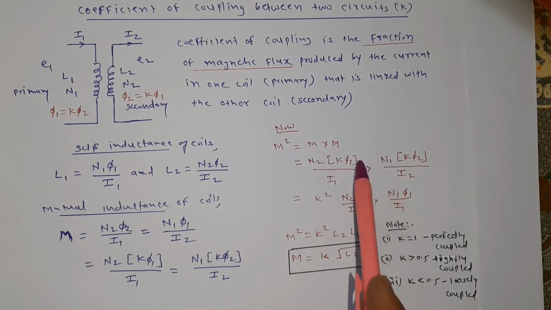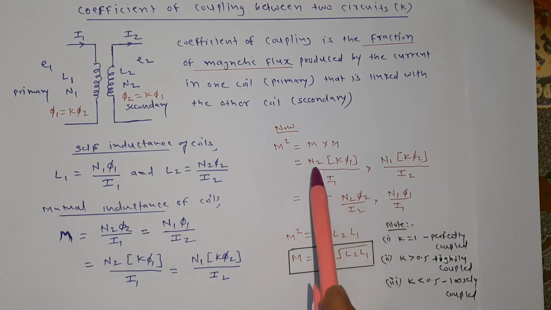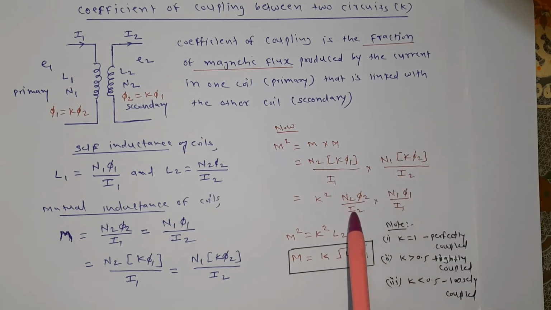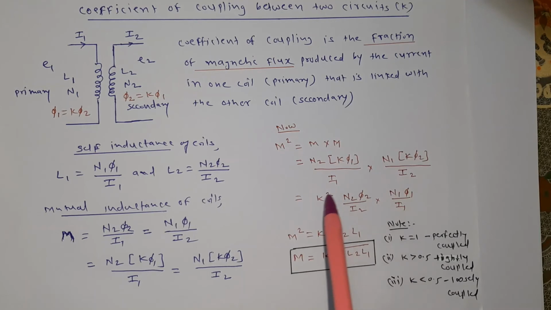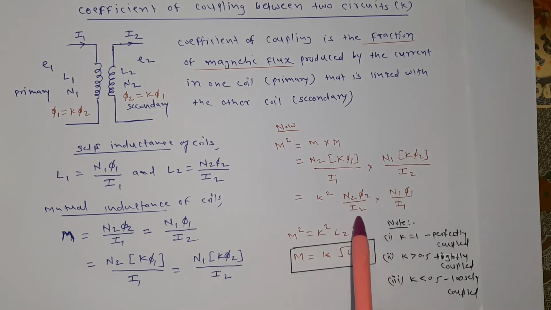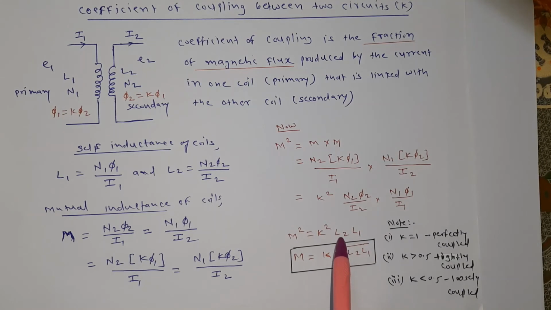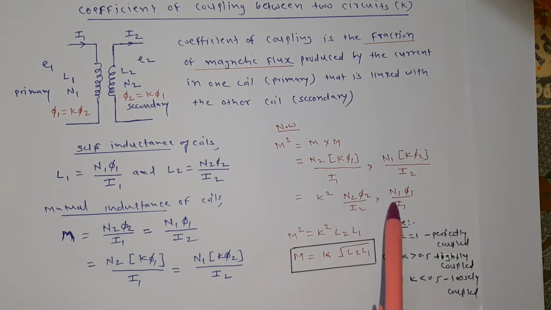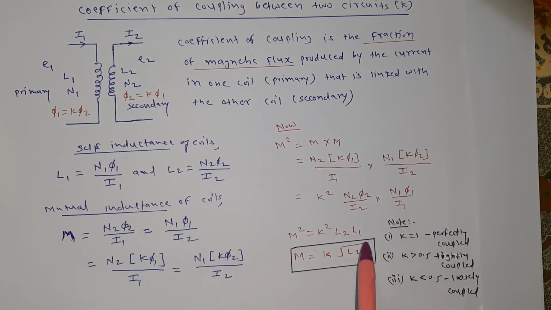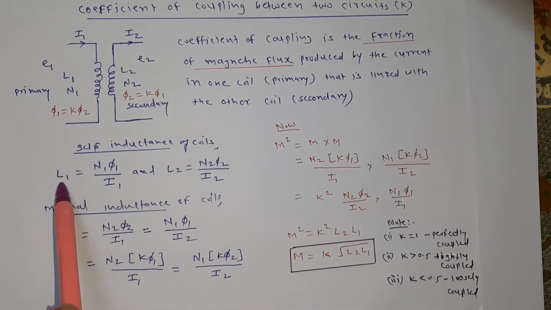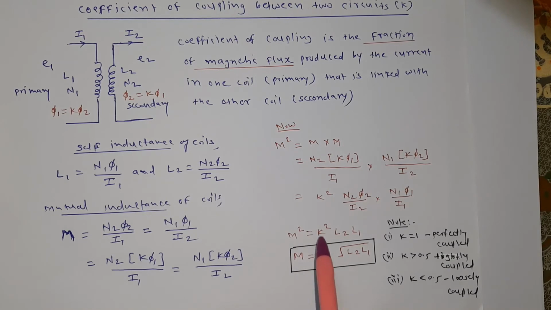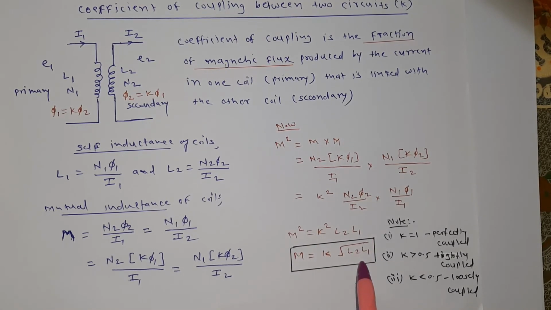So N1 flux 1 upon I1 here, N2 flux 2 upon I2 here. K into K, K square. This N2 flux 2 upon I2 is self-inductance of secondary coil. N1 flux 1 upon I1 is self-inductance of primary coil, that is first coil. If I take a root, M square is M, K square is K, root of L1 L2.